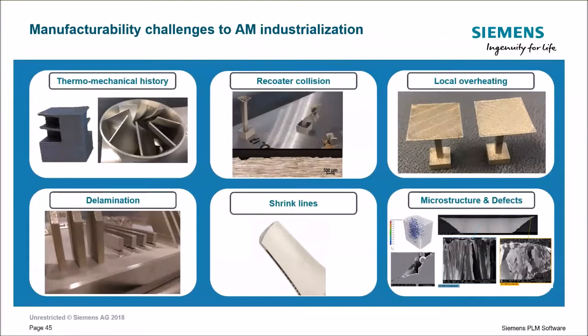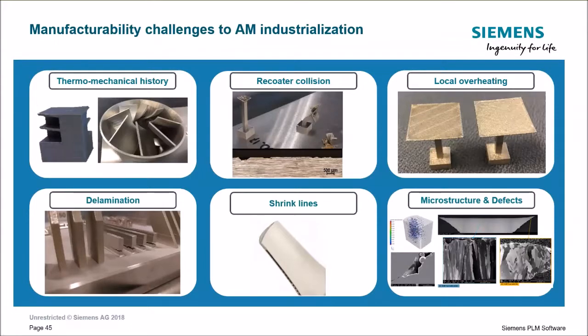Where this scrap is coming from, well, there are a number of challenges to look at. The most common one is the thermomechanical history. It is related to the thermal stresses created during the printing process itself.